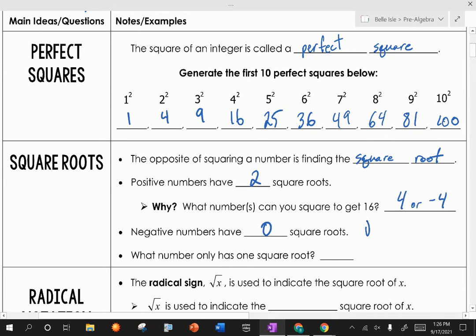So the square root of -9 is not going to give you 3. It would give you 3i. Why is it not 3? Because we are working in the x values.